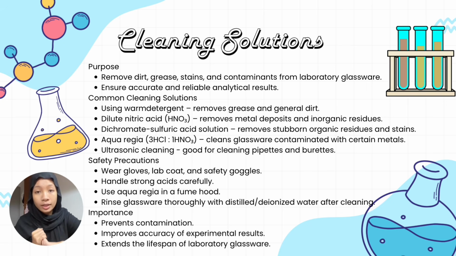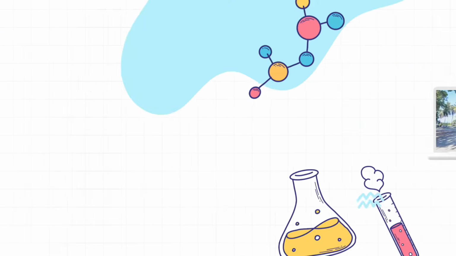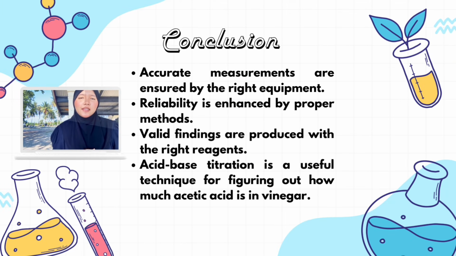In conclusion, proper cleaning of laboratory glassware helps prevent contamination, improve the accuracy of experimental results, and extend the lifespan of laboratory equipment. In conclusion, analytical chemistry relies heavily on the proper use of apparatus, techniques, and reagents.